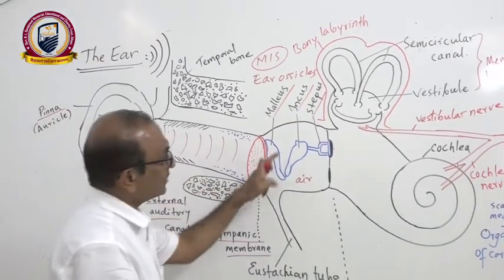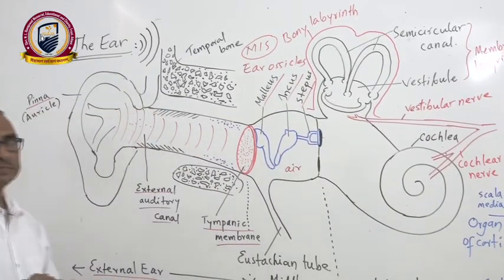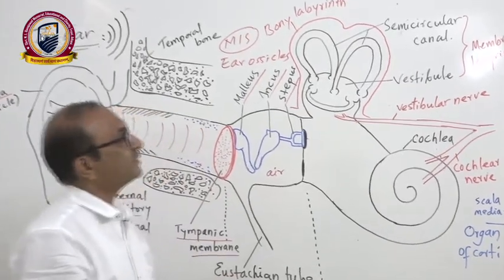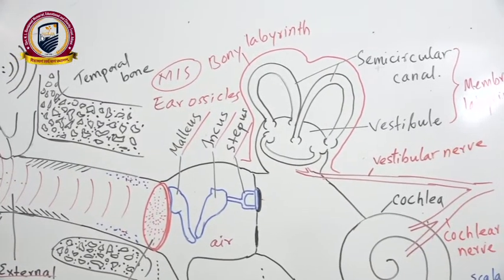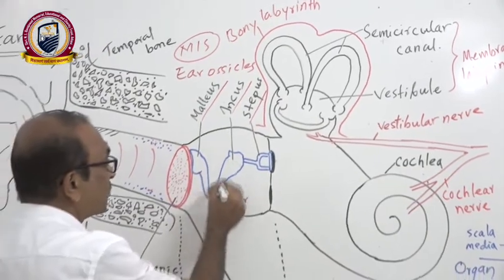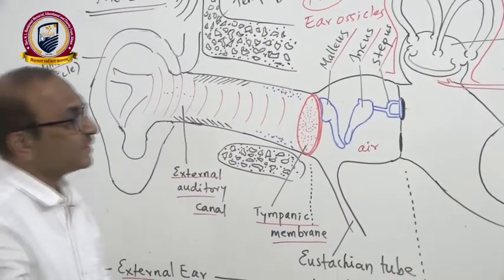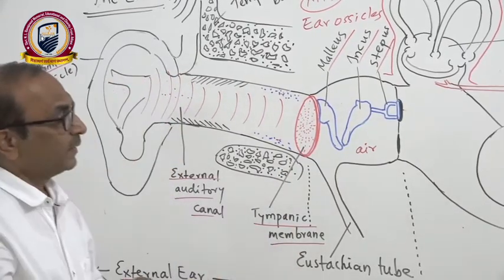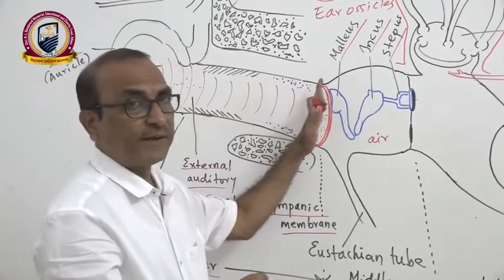Among these three very tiny bones, stapes is the smallest bone, and the muscle attached to the stapes, called the stapedial muscle, is the smallest muscle in our body. These three bones are interconnected, and they help in transmitting the vibrations created by the sound wave.